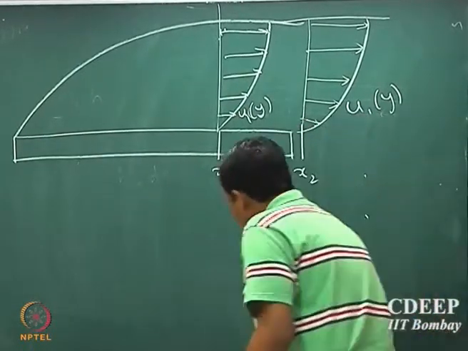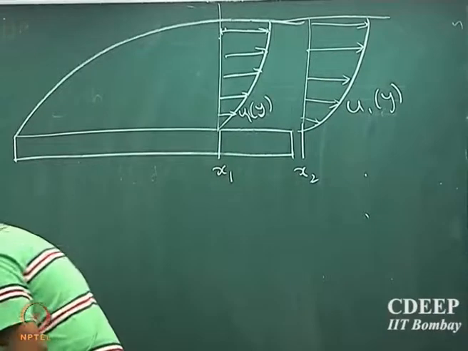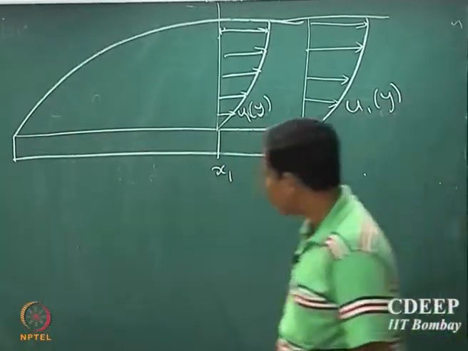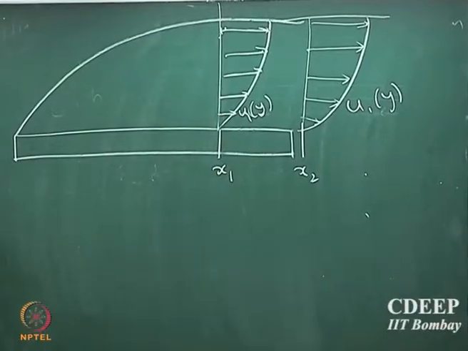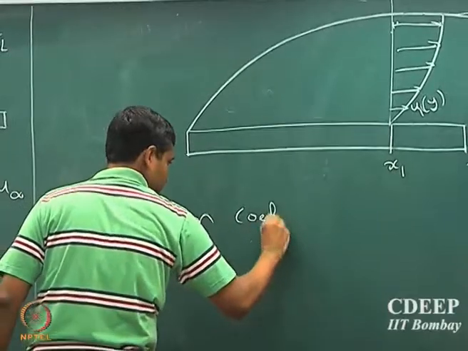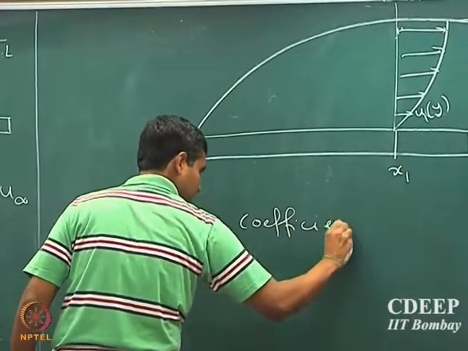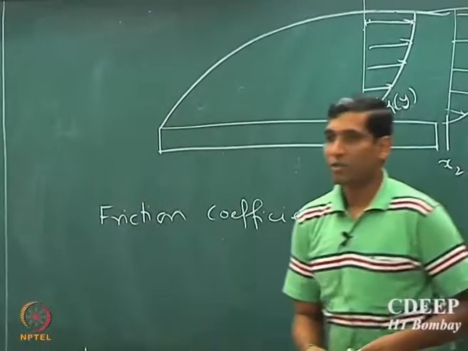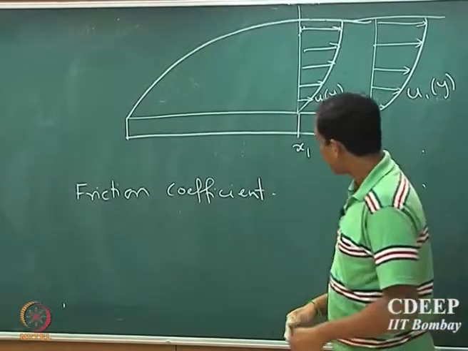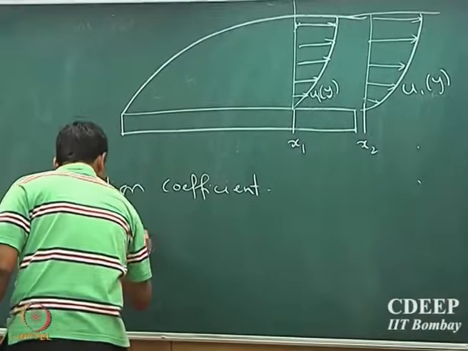Now the properties in this boundary layer are characterized by what is called the friction coefficient. It's the friction which is causing these kinds of velocity profiles.